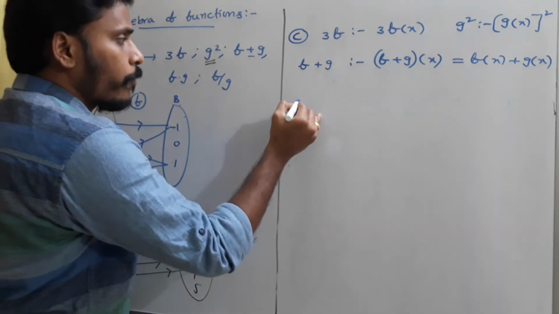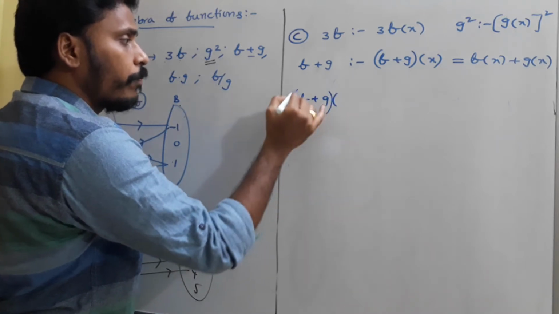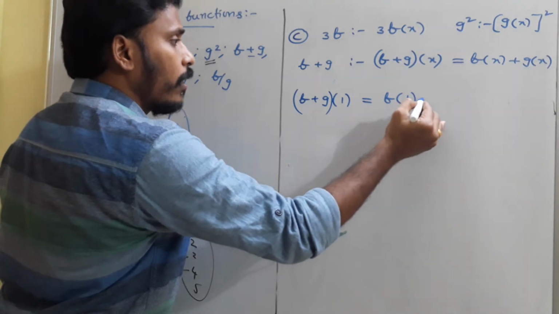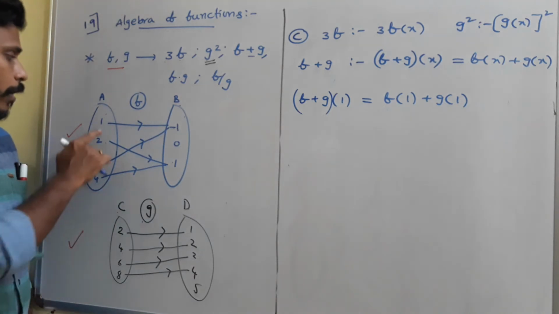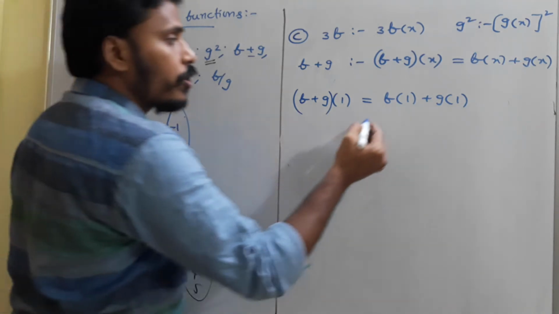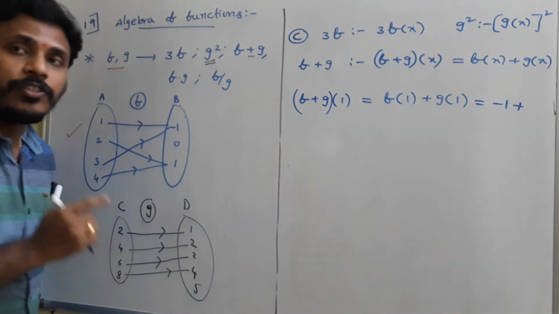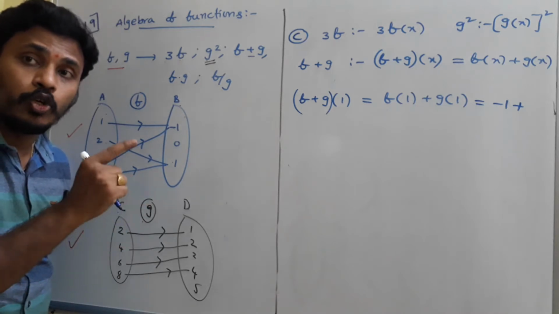Suppose first I list (f plus g)(1). (f plus g)(1) is simply f of 1 plus g of 1. What is f of 1? f of 1 is the image of 1, which is minus 1. So this equals minus 1 plus, what is g of 1? g of 1 is the image of 1 with respect to g.